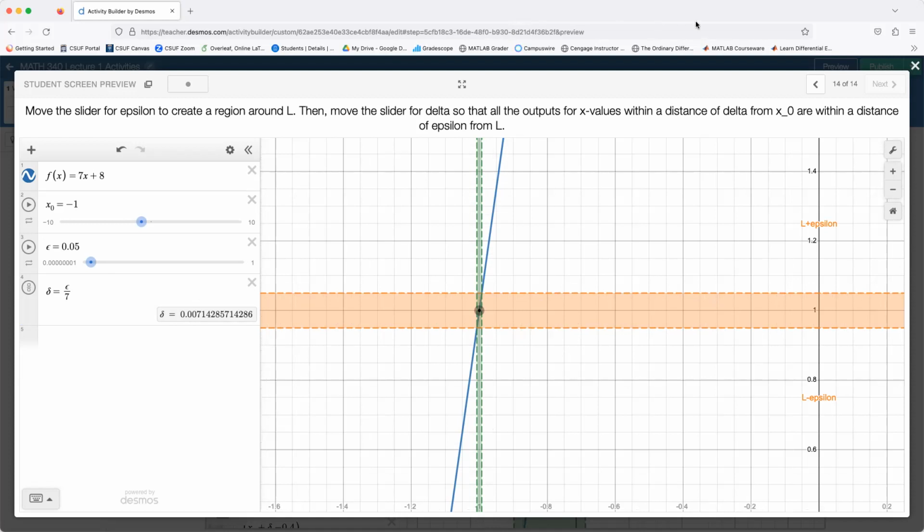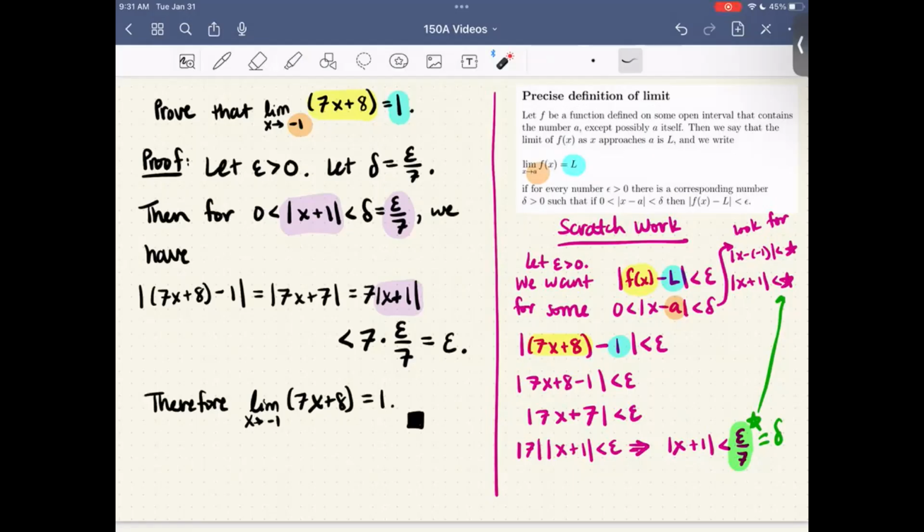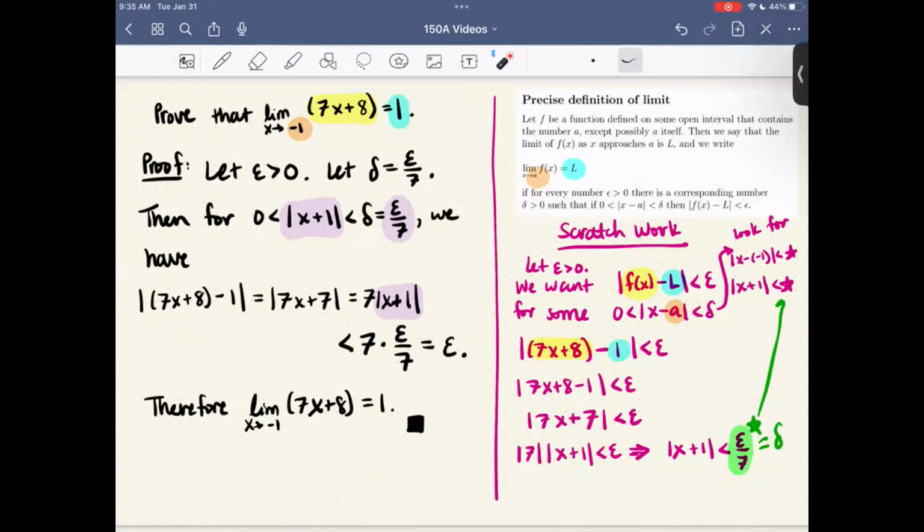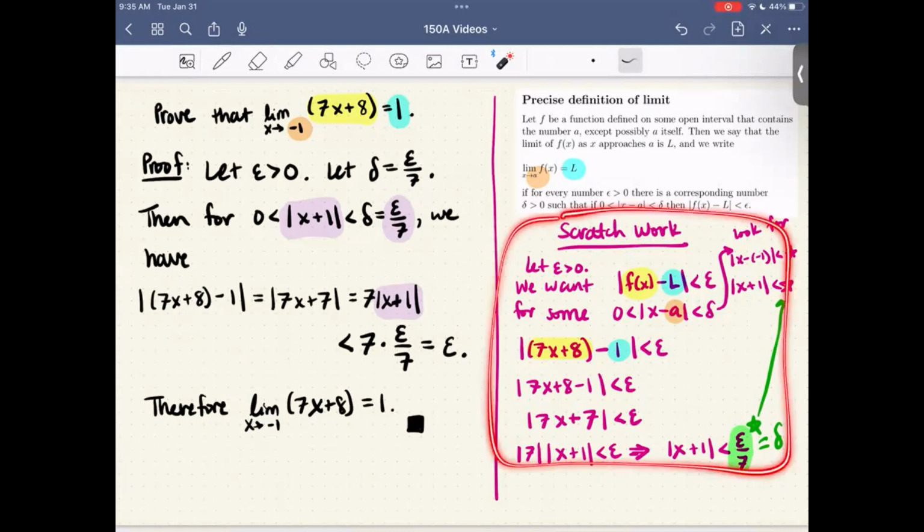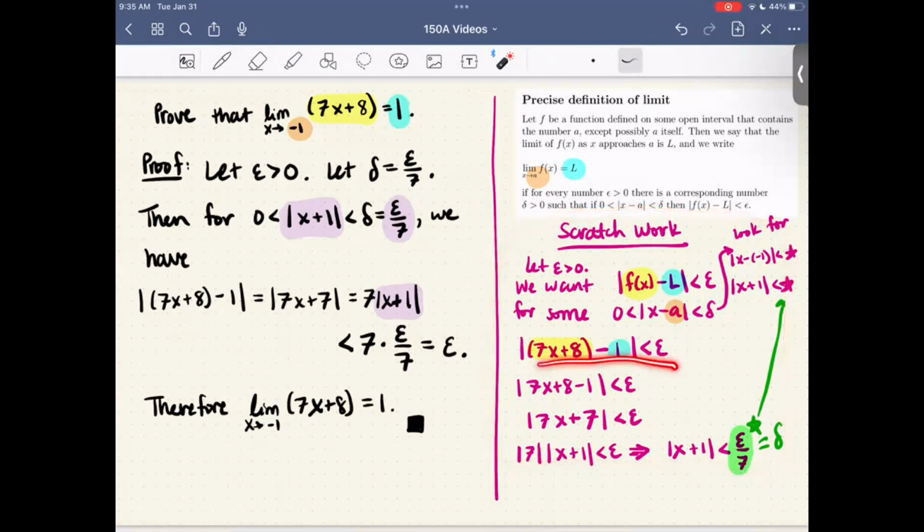Okay, I'm going to switch back over to put the proof on the screen again so you can look at it, see if you want to review it and make sure it makes sense to you. So here's our proof again. Remember, we did our scratch work first by starting out with what we wanted to happen and figuring out what delta should be to make that happen.